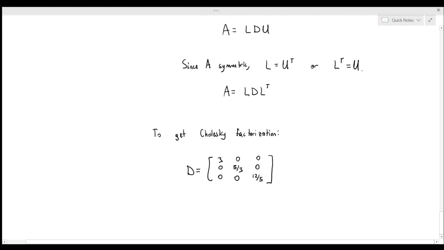Okay. And so if your matrix was positive semi-definite, it would turn out that all the diagonal entries of D are greater than or equal to 0. Okay.